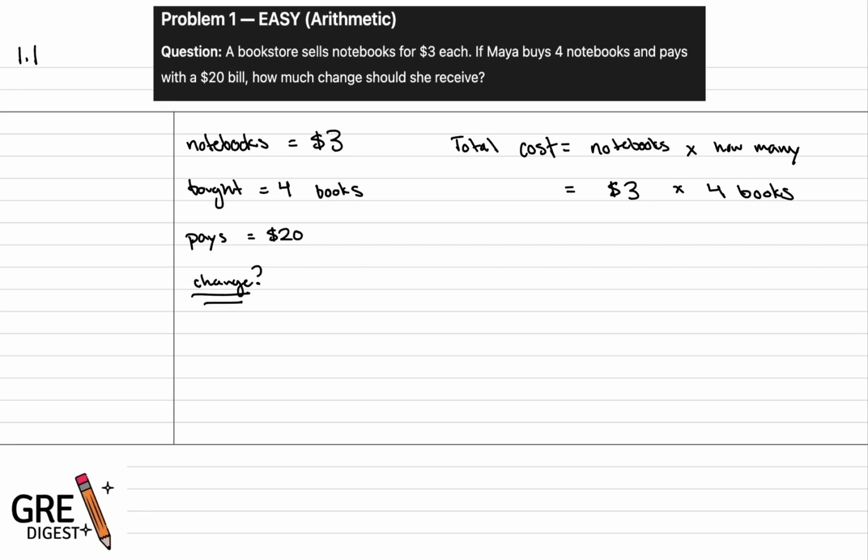And that will give us $12 total. She paid 20 minus 12 of what it costs will give her $8 in change.